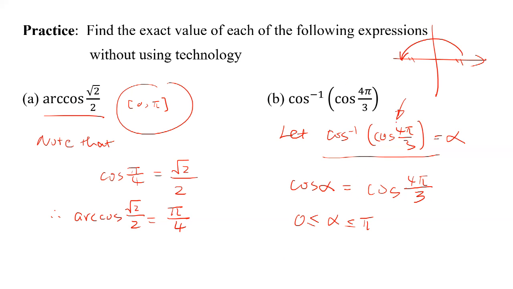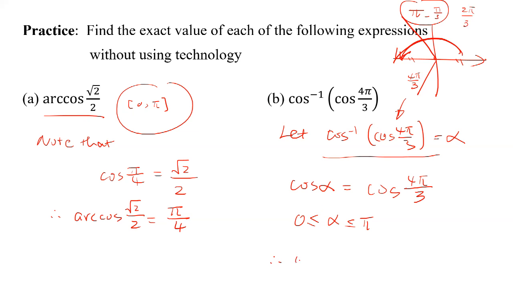So where is 4 pi over 3? 4 pi over 3 is just pi plus another third pi. So this is 4 pi over 3 here, right? So in this interval here, this angle here must have the same cosine value, right? So this angle here is pi minus pi over 3, which is 2 pi over 3.